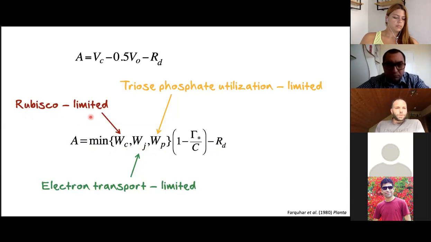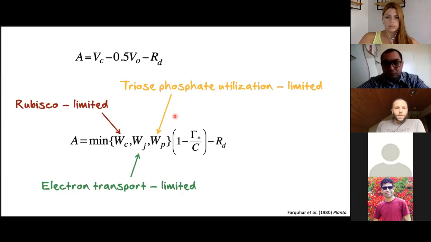So one would be Rubisco limitation. Depending on how much enzyme and how fast that enzyme can take up CO2, you get a certain rate. Or the electron transport limited carboxylation rate, which depends on essentially how much light the plant can absorb and convert into energy to regenerate RuBP.